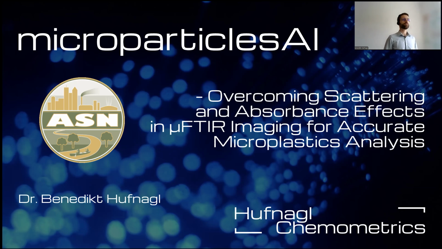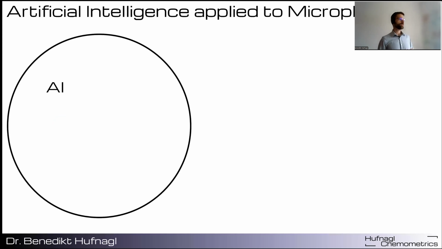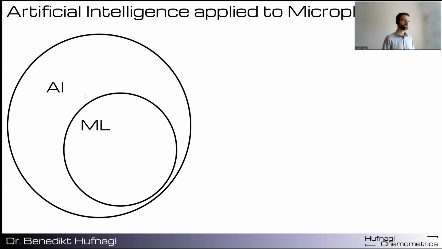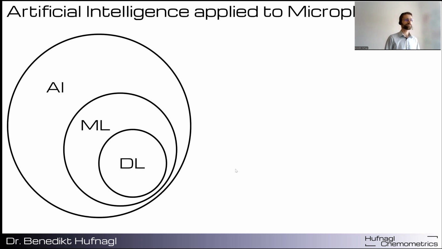So in today's webinar, we talked a lot about, and still will be talking about, artificial intelligence. The topic that I'm talking about is located in the machine learning domain, which is a subfield of AI. And deep learning is also part of this domain, which has popularized this area of research.